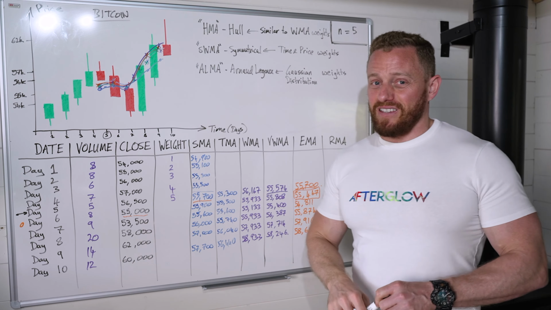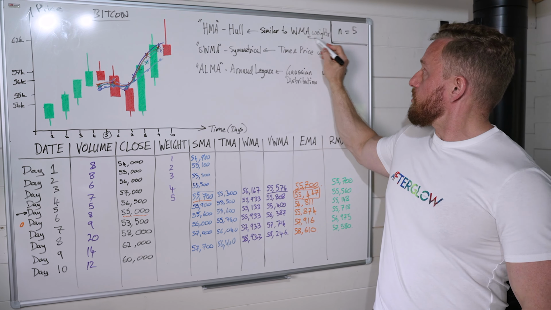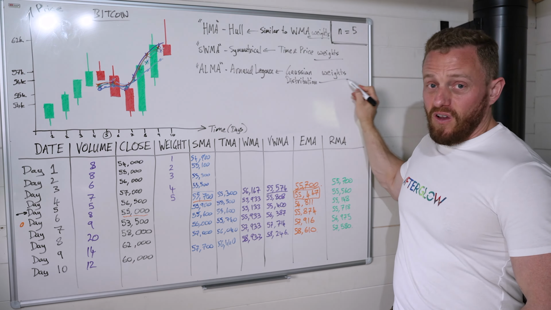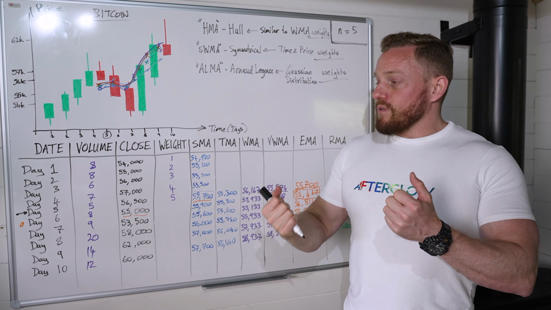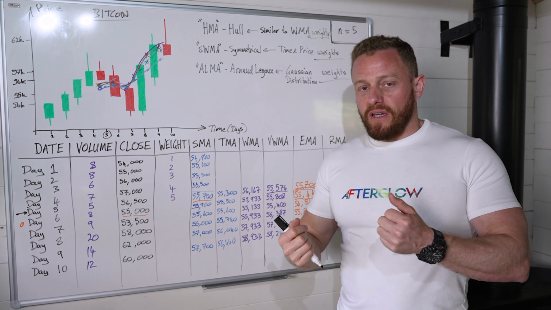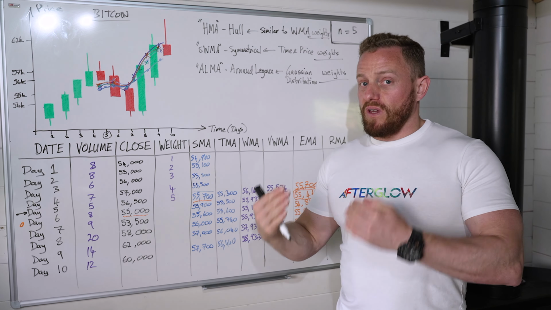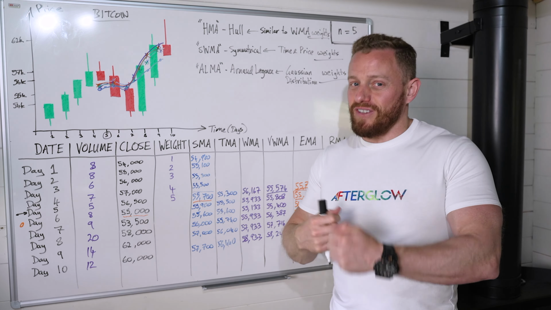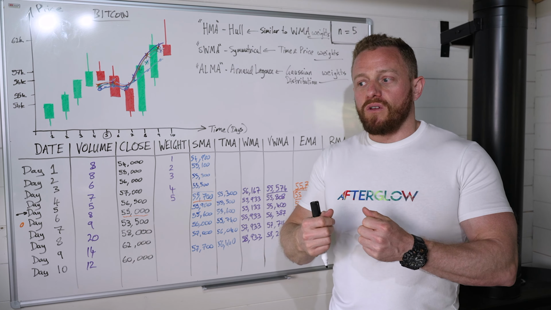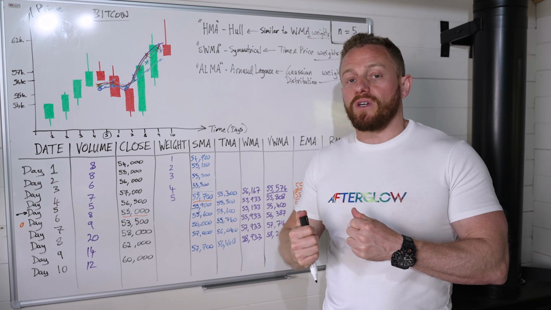But the key thing is that all of these different moving averages are just using different types of weighting mechanisms to try to smooth out the data, reduce the noise, and make the moving average more reactive to the price action, depending on your trading strategy and what is more important for you to look at.